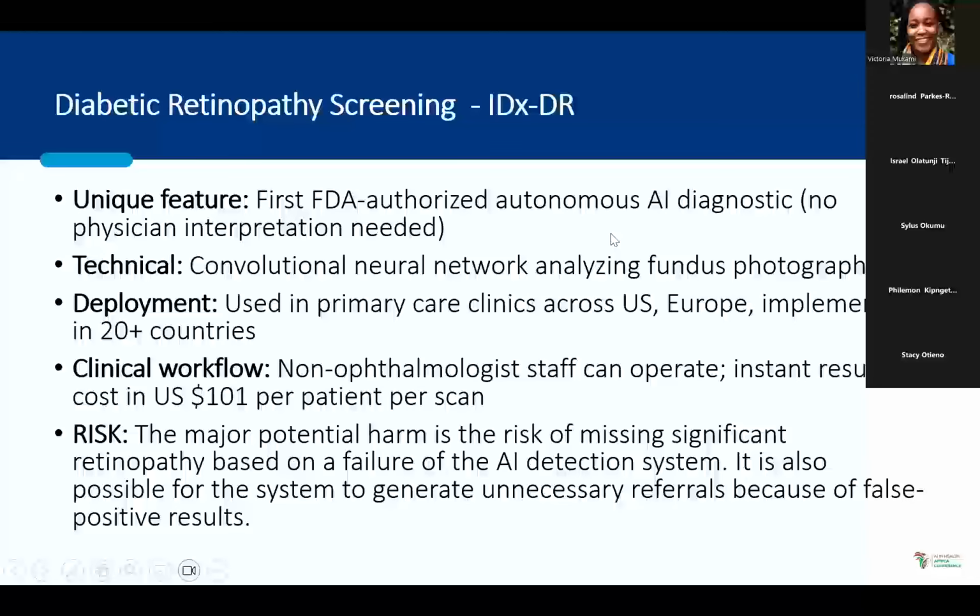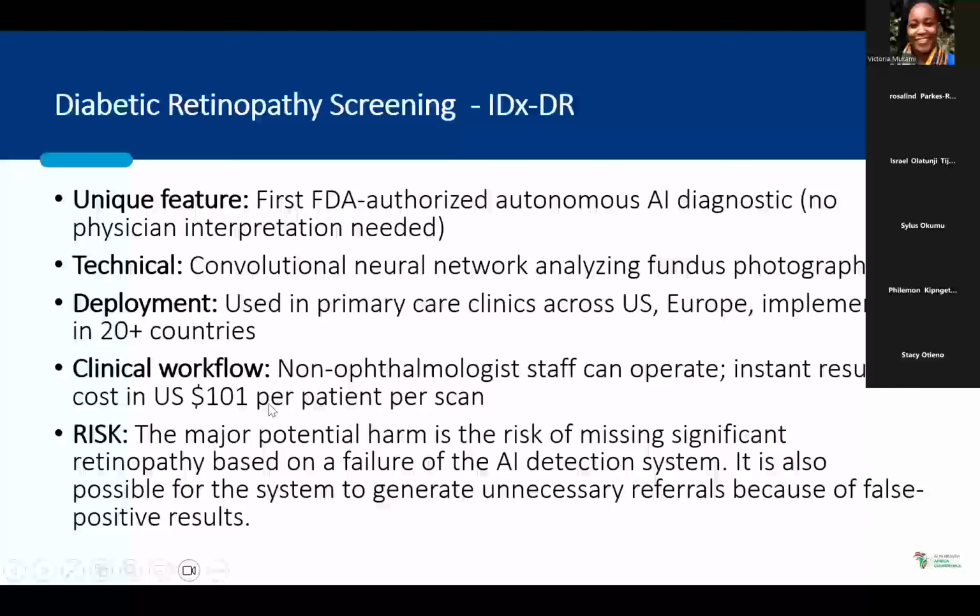It works on a convolutional neural network, analyzing fundus photographs, and it's mainly used in primary care clinics in the US. For us, that would be like a health center, or a private doctor in his own little clinic. It can be done by people who aren't doctors or eye specialists, and it gives instant results.